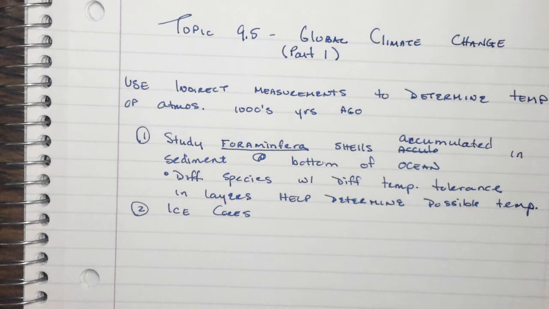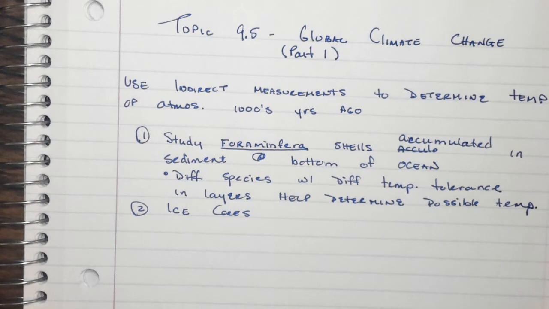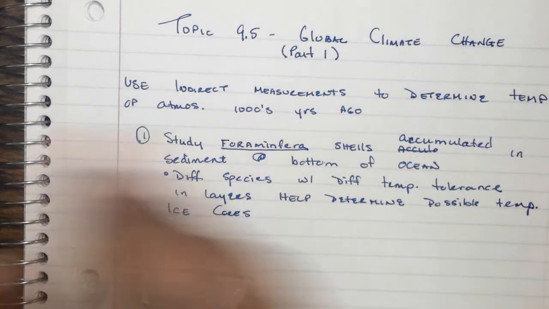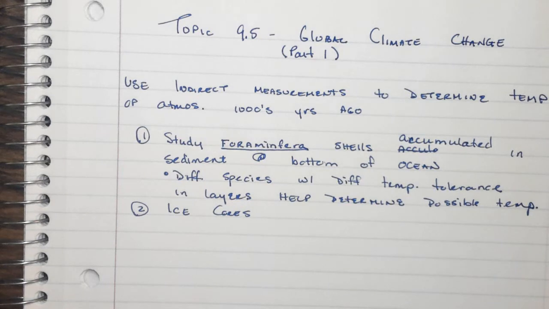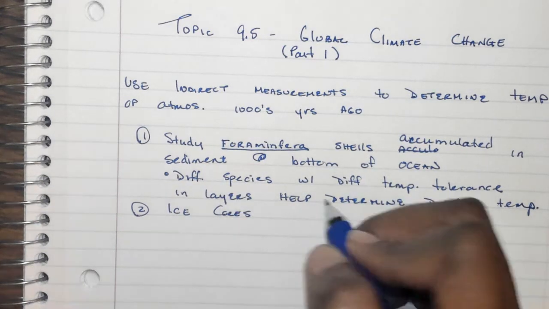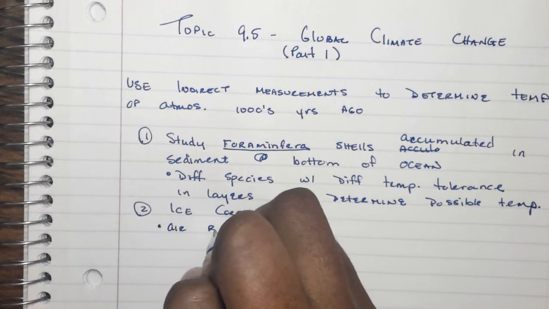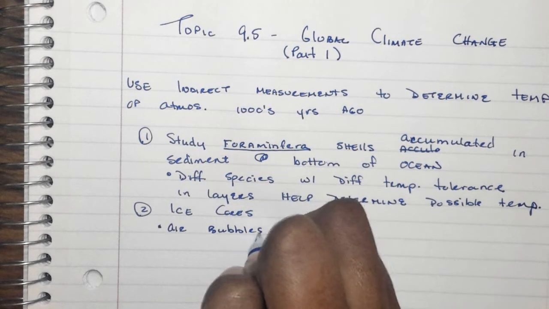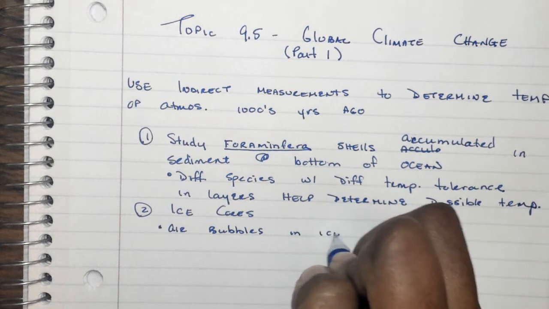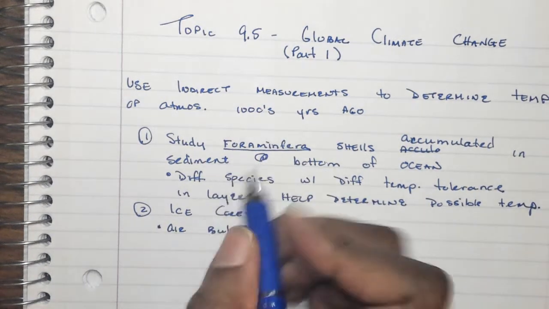And just like sediment, the oldest gases are at the bottom and the newest are at the top. Then we can examine that, and that's one way we can determine what the atmosphere was like. Those are air bubbles in ice.